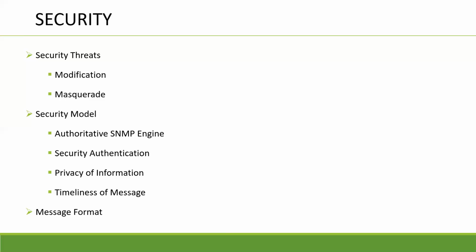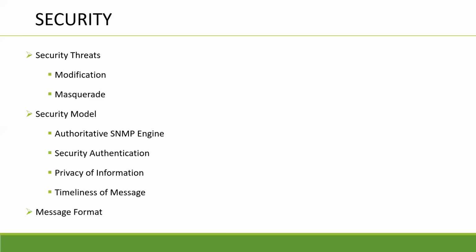The next classification in security is the security model. In normal operation, the MPM, the message processing model, interacts with the security subsystem models. For example, an outgoing message is generated by the application, which is first handled by the dispatcher subsystem, then by the MPM, and finally by the SM.